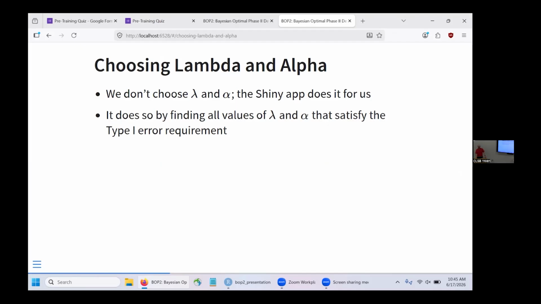This is actually going to yield multiple values of lambda and alpha. So the next step is to choose the pair lambda alpha that maximizes the power. We're ensuring that our type 1 error is what we want it to be, and then we're going to maximize the power.